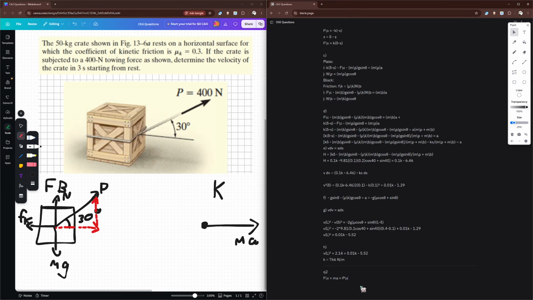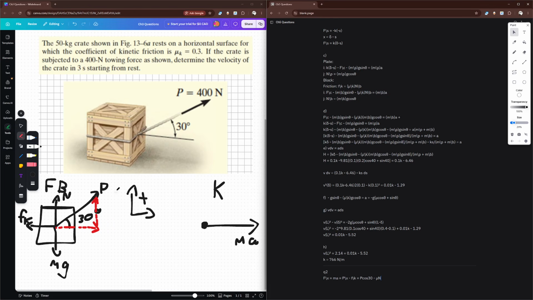So Px, and we're taking this direction to be our positive, I should define it as such, minus Fk, right? And now we can change Px into P cosine 30, minus mu N. I'm not going to add the k because there's no mu s to get confused with.